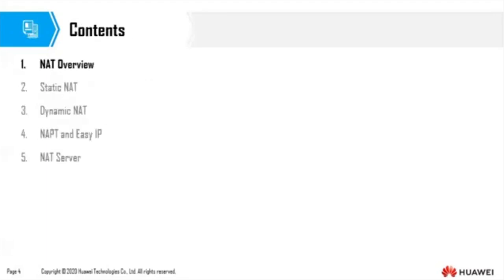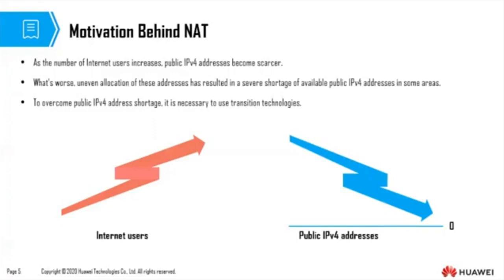Wonderful. Okay, so let's have the overview of NAT. The problem is this: the number of internet users increases. By talking about internet users, we're also talking about the number of devices, while the number of public IPv4 addresses is limited.